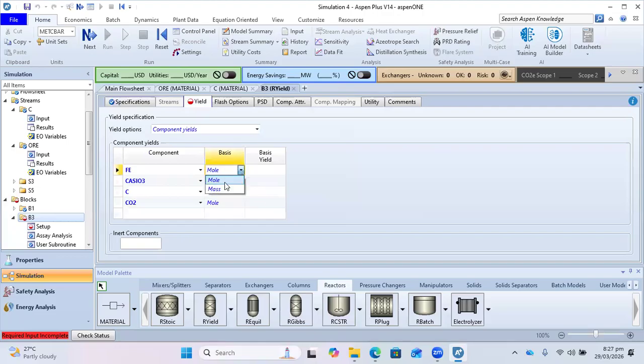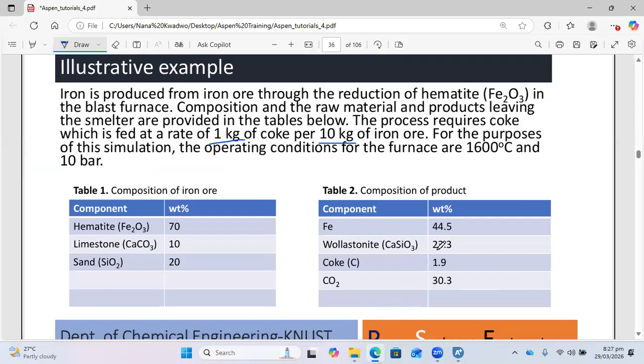This is mass, mass and mass. Okay. Now for the basis yield, we are going to put in these values. So we divide this by 100, we divide that by 100, we divide this by 100, divide this by 100, so that we get it as a fraction, right? Not as a percentage.